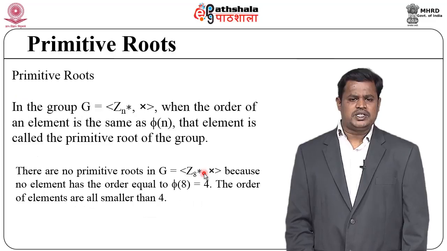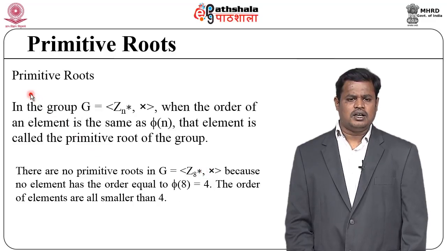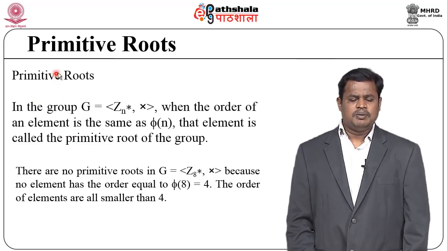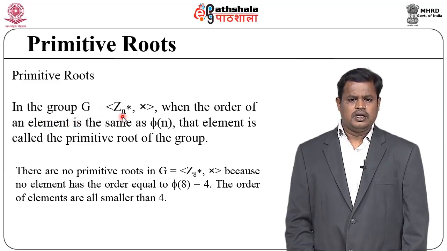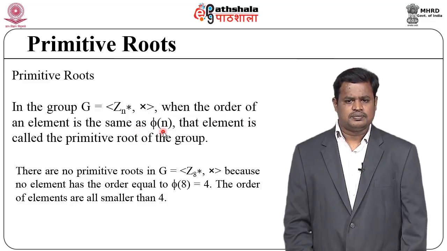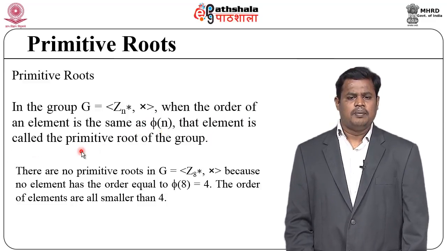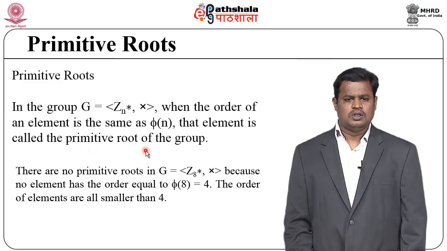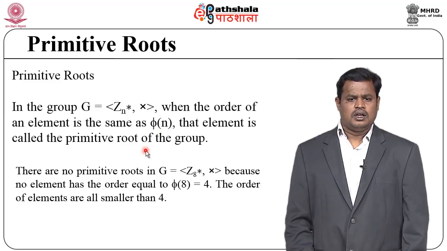Now, with the help of this we are going to define the primitive root. What is a primitive root? In a group G, Zn star under multiplicative operation, when the order of an element is the same as phi of n, then the element is called a primitive root.